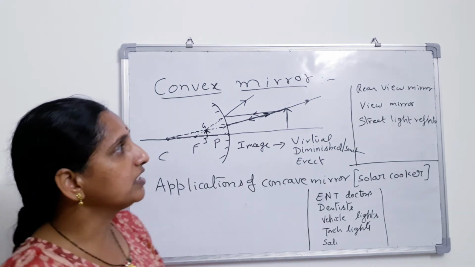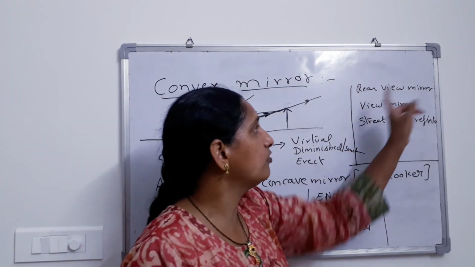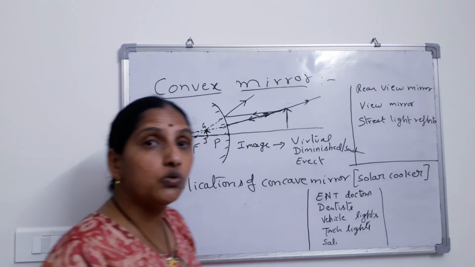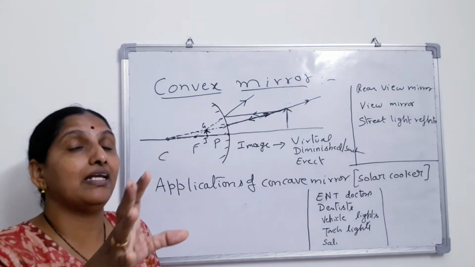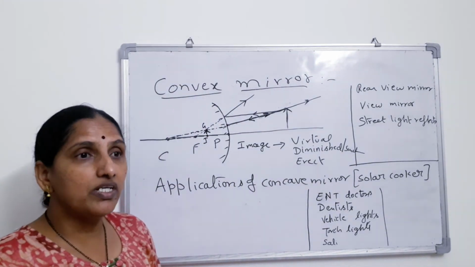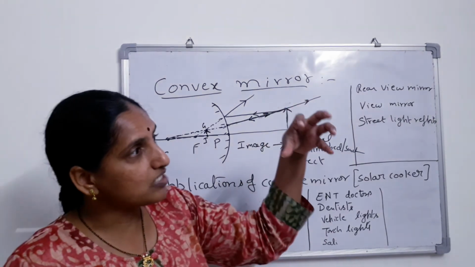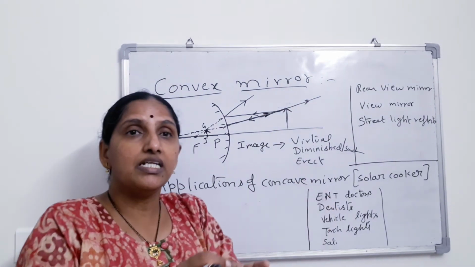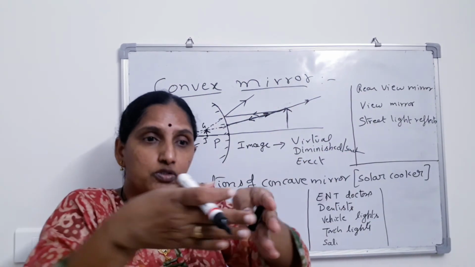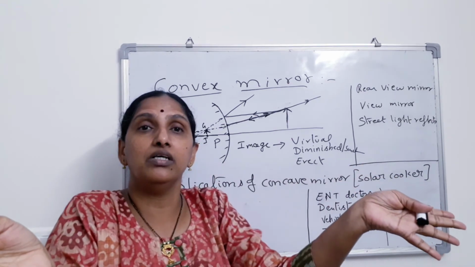Okay, so it is used as a rear view mirror, and also in street light reflectors. Street light is not something that has to focus at one point. Street light should spread over much area on the road.